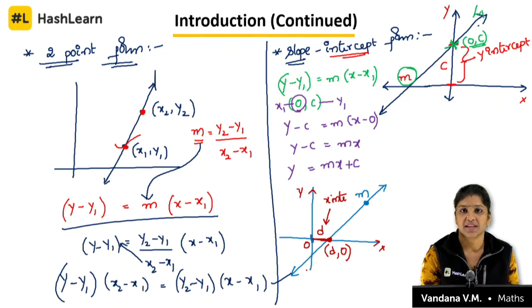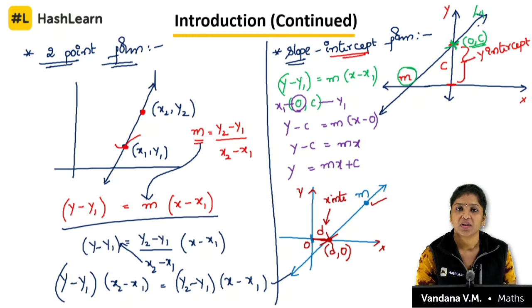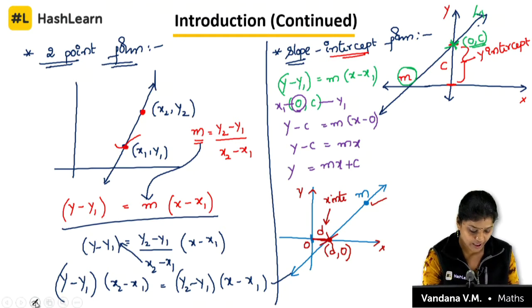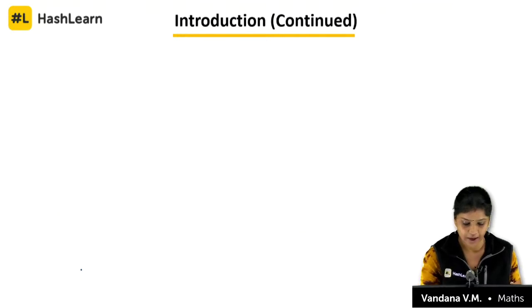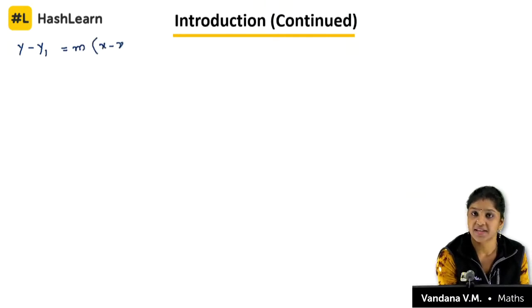Now, as it is, I know the passing through the point, I know the slope. If I know the passing through the point and the slope, it is reduced to the first format. It becomes y minus y1 is equal to m into x minus x1. Substitute. It is passing through d comma 0.